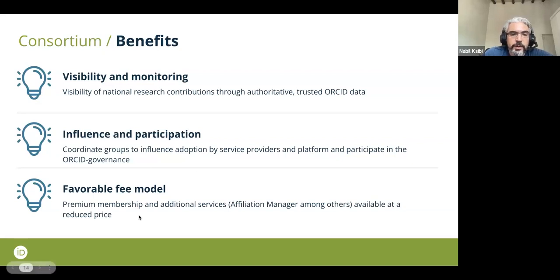A favorable fee model, and we're going to talk about this in the Global Participation Program as well, which offers a great possibility to join ORCID with a reduced fee if there is a need to form a consortium at national level.